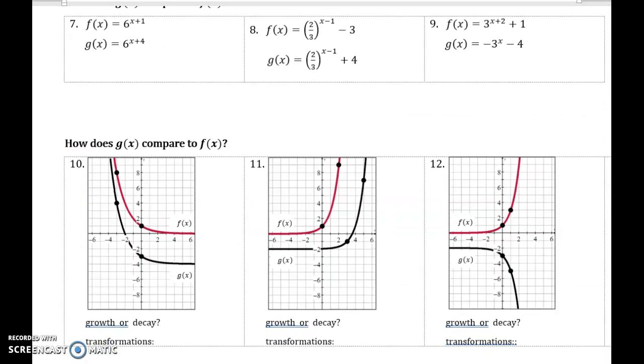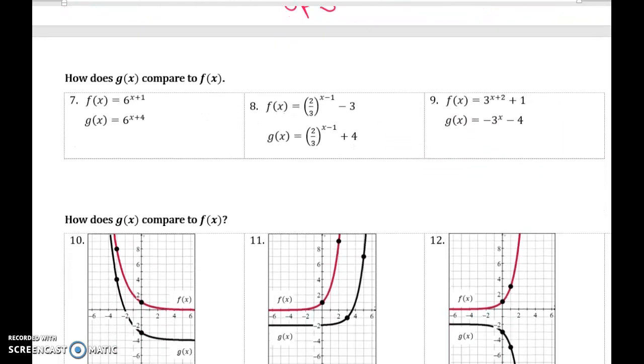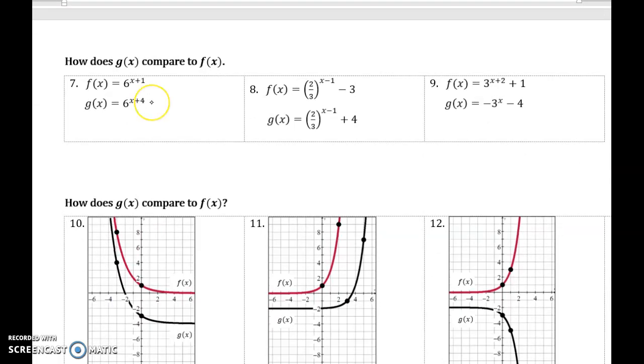All right, numbers 7, 8, and 9, we're talking about comparing functions. How does g of x compare to f of x? We went from +1 to +4. Remember, h lies. So I really went from -1 to -4 on my number line. How did this shift?